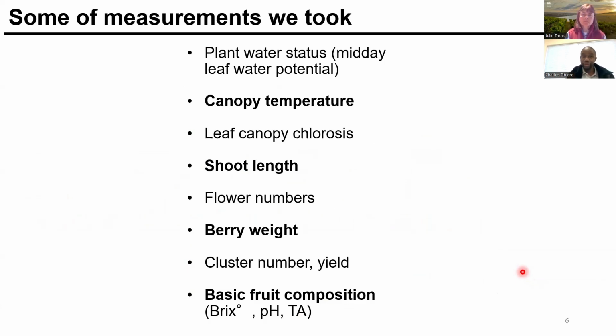Canopy temperature during the hot period of the season, leaf canopy chlorosis, which of course is basically the color of the leaf, shoot length and flower numbers were taken at bloom, just to measure early season shoot length. Then I had measurements on berry weight, cluster number and yield, and the basic fruit composition.